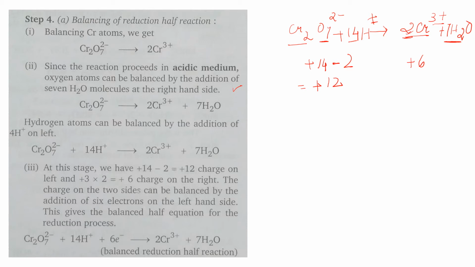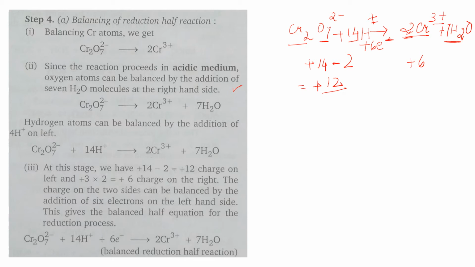Now what I have to do? I have to balance the charge by adding 6 electrons in the left hand side. I can do that because it is 12 plus charge. If I add 6 electrons in the left hand side, my charge will be balanced. Okay.